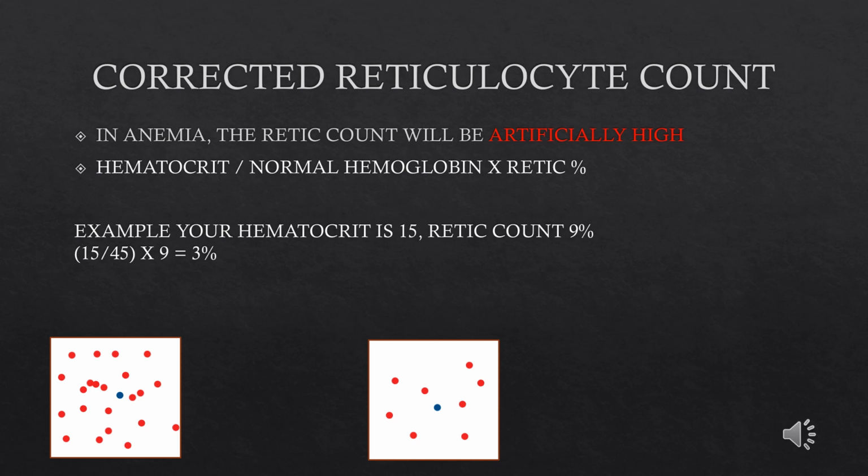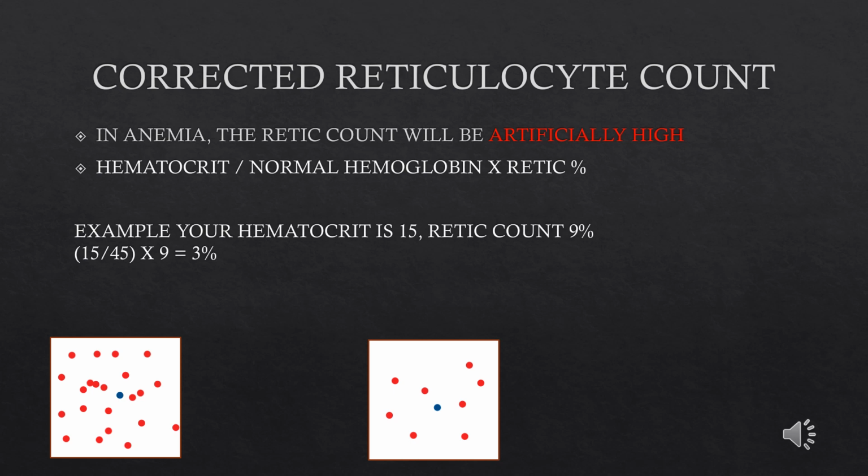For example, your hematocrit is 15, and the normal hemoglobin is 45. That is constant. We do hematocrit over normal hemoglobin multiplied by the reticulocyte count that you got. For the box with fewer red blood cells, it's 15 divided by 45 multiplied by 9, and you get 3%.